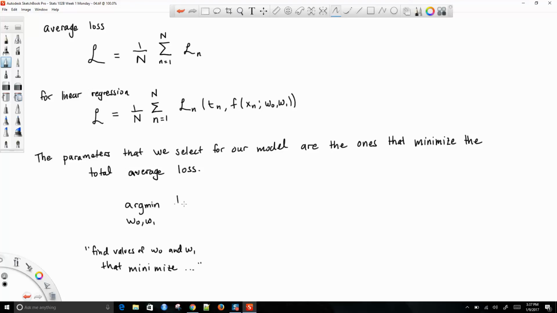So find the parameters that minimize this. Okay. And that's ordinary least squares regression.